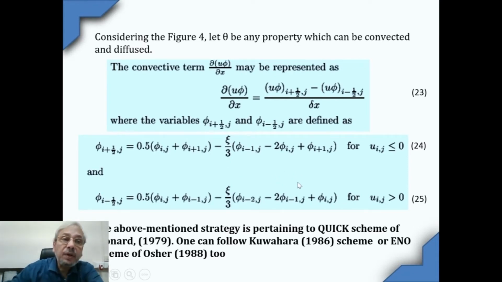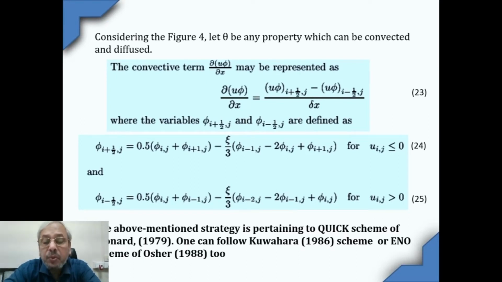Quick stands for quadratic upstream interpolation of convective kinematics. It was developed by Professor Leonard in 1979. I mean, I have given just an example. One can use quick scheme, one can use several other schemes.